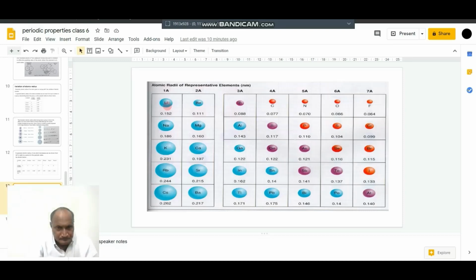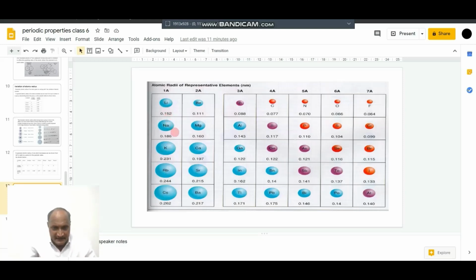Coming to the increase in the atomic radius as we move down the group in the periodic table, for example, in case of alkali metals, starting from lithium to cesium.